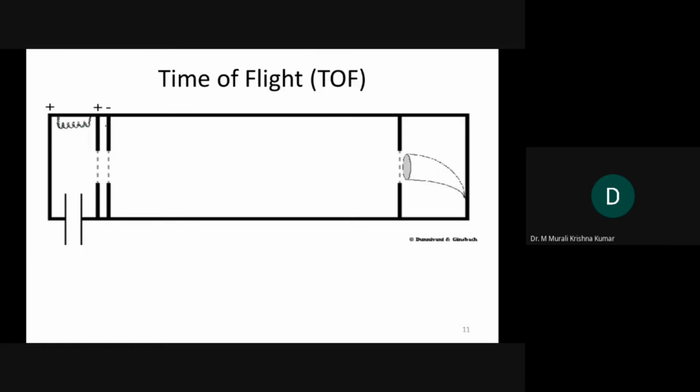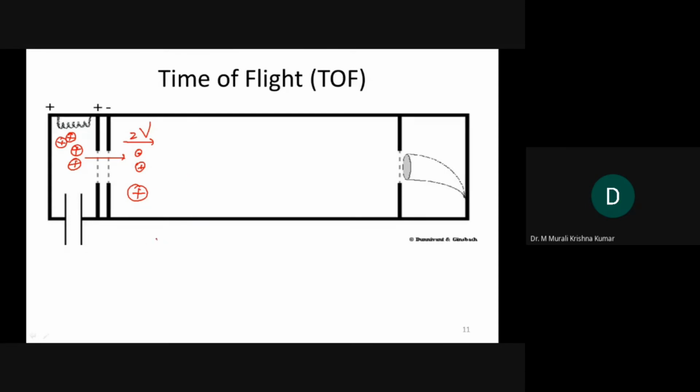As I told you, when ions are generated, some are small, some are big, and when they are submitted to acceleration, they are all provided with the same energy.